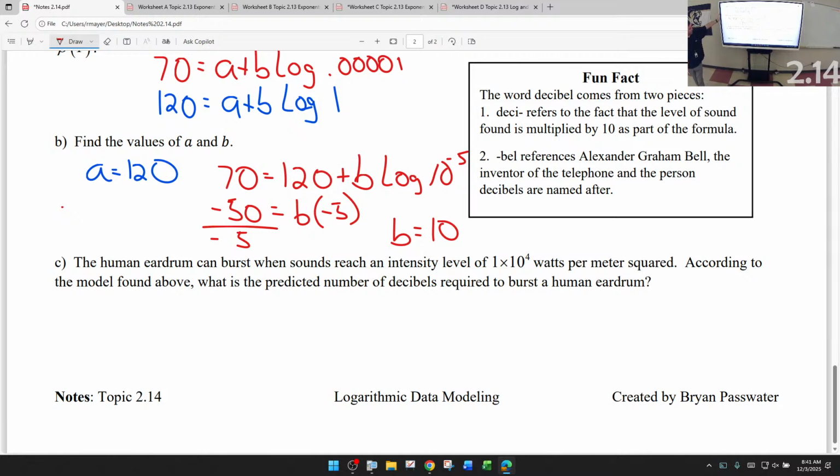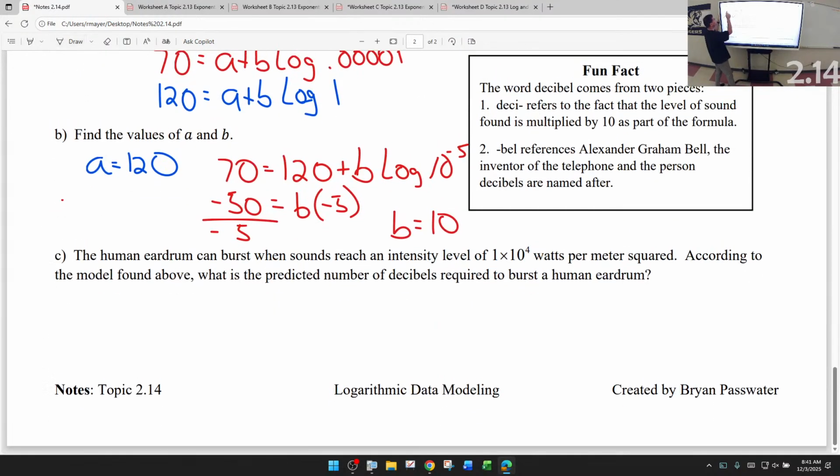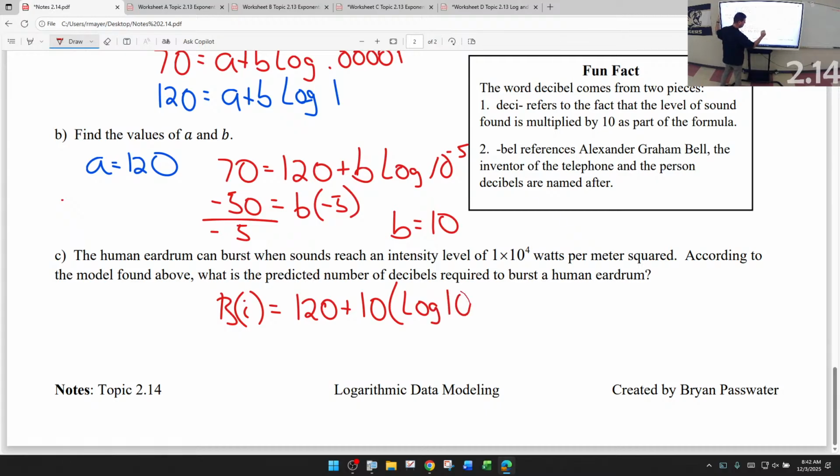The human eardrum can burst when sound reaches an intensity of 1 times 10 to the 4th. According to the model found above, what is the predicted number of decibels required to burst a human eardrum? So now I've already got this. B sub I is equal to A, which is 120, plus B, which is 10, log base 10 of 10 to the 4th.